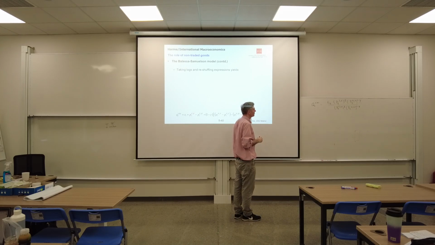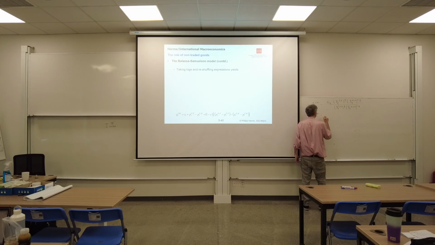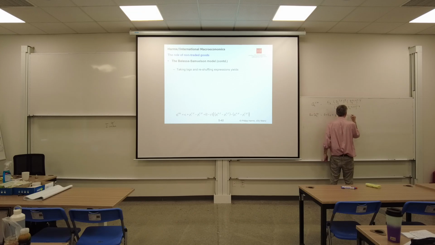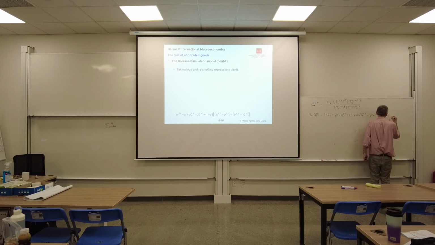Okay. Next thing is we take logs. Now taking logs turns the whole thing into a linear thing. Right, so we have the log ET, plus gamma log PT TF plus 1 minus gamma log PT NF minus gamma log PT TH minus 1 minus gamma log PT NH.